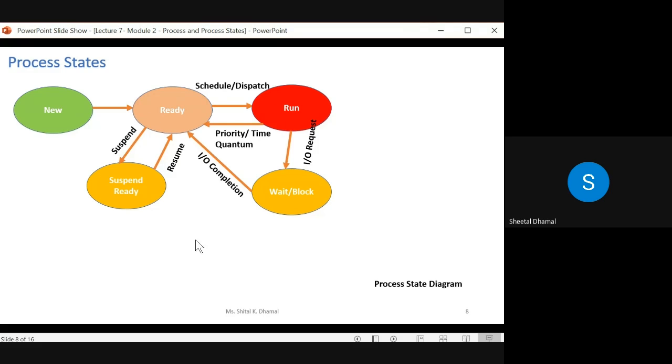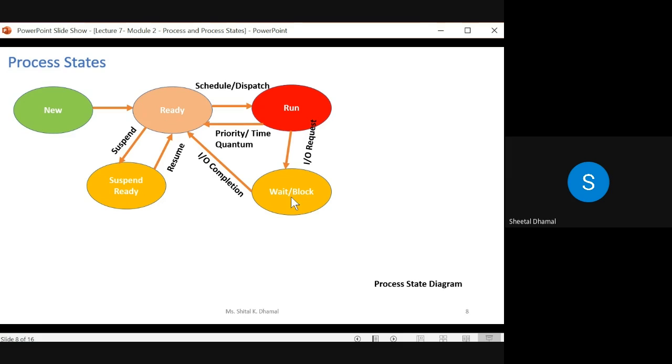But now let us consider that you are requesting input from the user, and the user has entered the values of those two variables, meaning the input job is completed because you have taken the value from the user. So now the operating system will shift the process from the wait or block state into the ready state again, because you have received the input from the user.